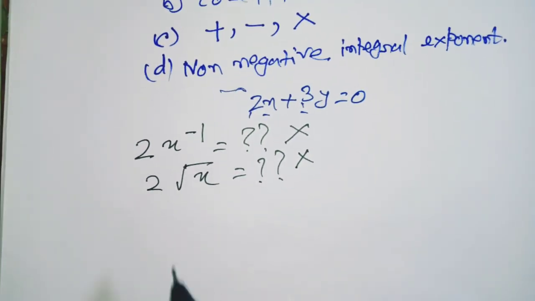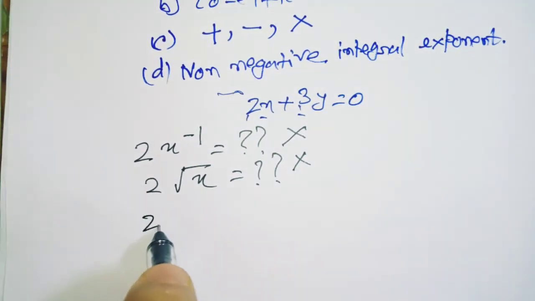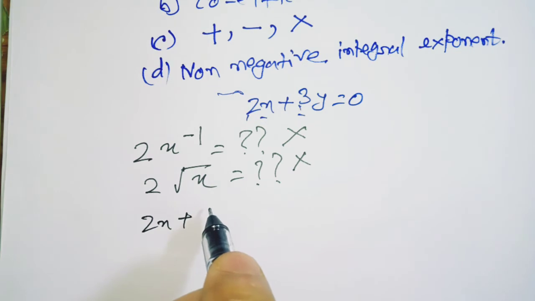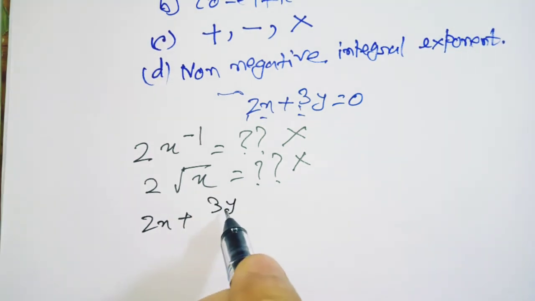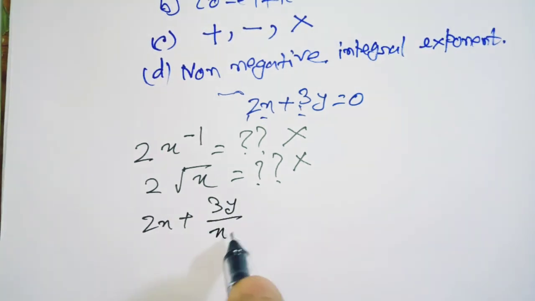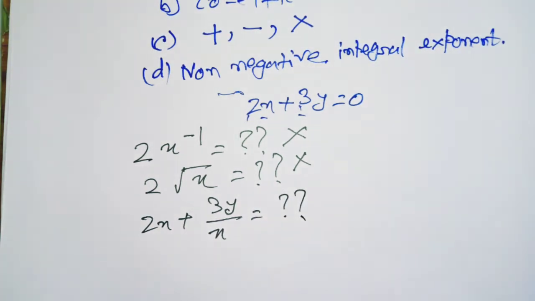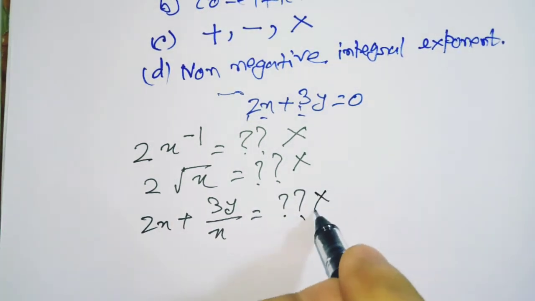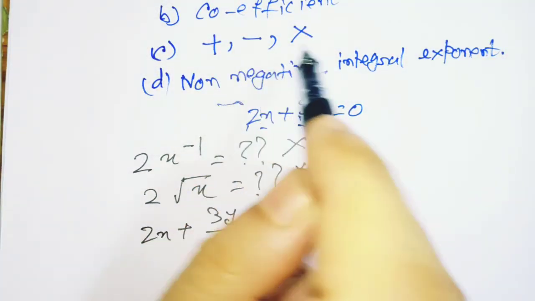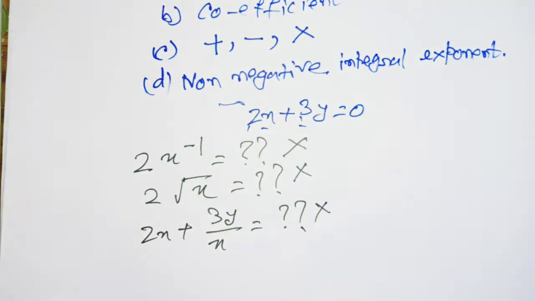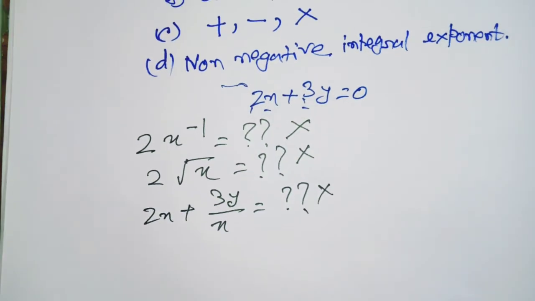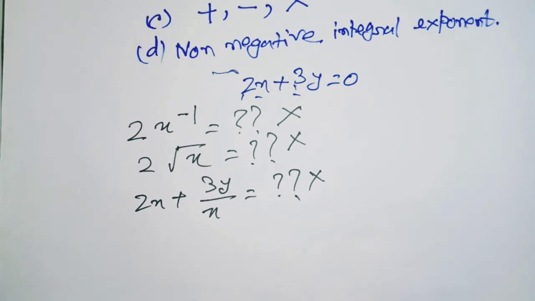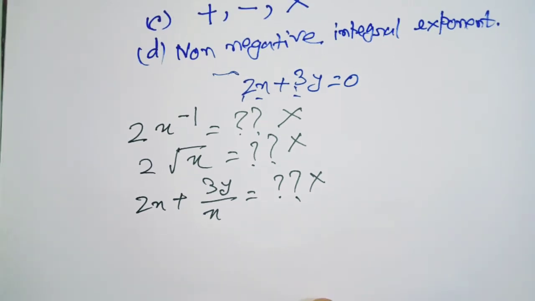Okay, let me give you another example. 2x plus 3y by x. Is this a polynomial? No. Why? Because, see, only plus, minus and multiplication. Division should not be there. So it is not considered to be a polynomial equation.